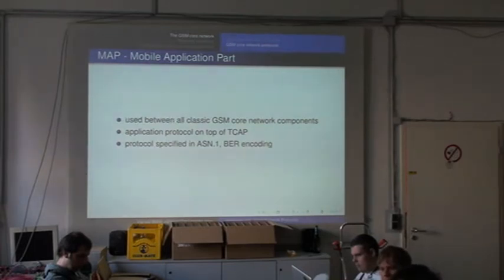TCAP in any case, and the application layer for sure. So there are special tables to convert point codes into global titles, otherwise it's impossible, or to convert 24-bit global titles used for the application into 14 bits plus network indicator.